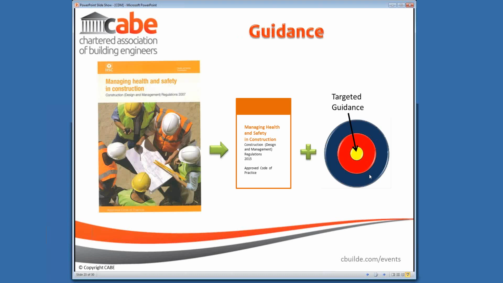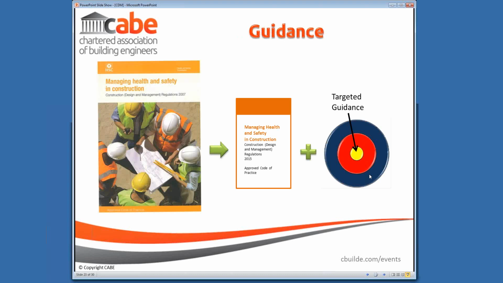So I mentioned briefly earlier that the guidance was going to change in terms of the regulations. At the moment, we have what's termed an approved code of practice. That approved code of practice has a significant legal status and can be used to demonstrate the regulations have been addressed.